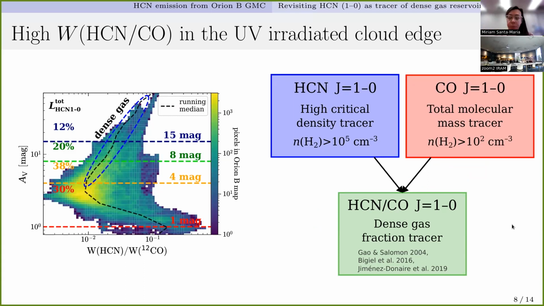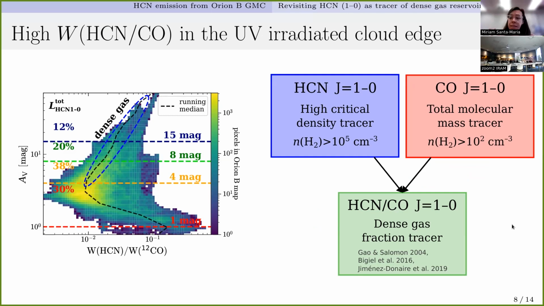One thing that we also did in this project is that, in extragalactic studies, they assume that HCN is a tracer of the high density gas, and CO is a tracer of the total molecular mass, so the ratio between them would be the dense gas fraction, okay?